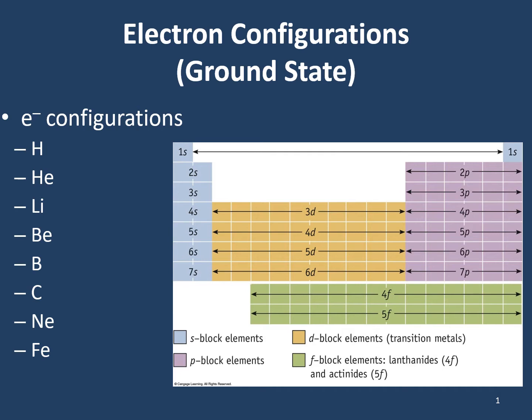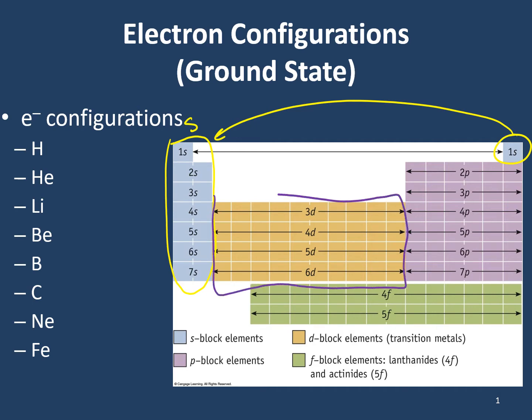So these first two columns here are the S block, and technically helium is part of the S block as well. Now, other than the S block, we have the D block here. We have the P block here.